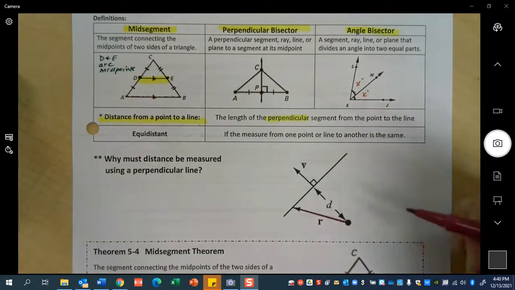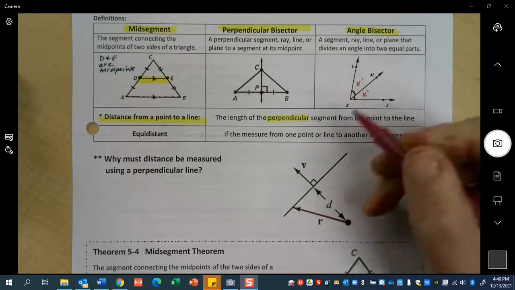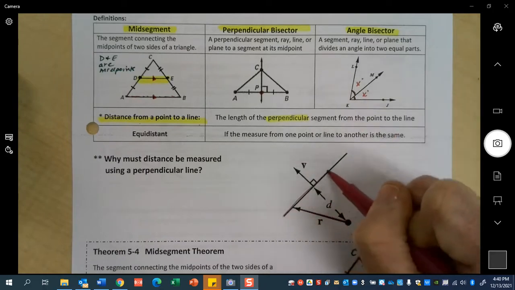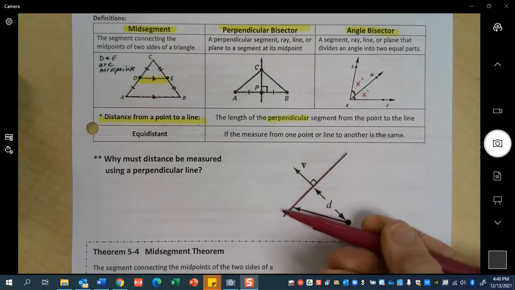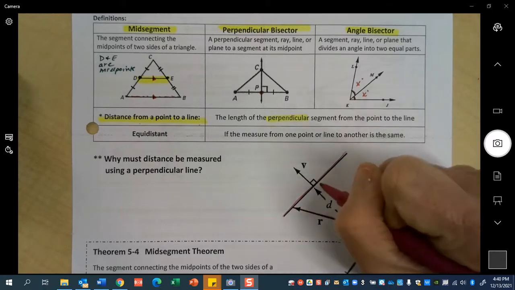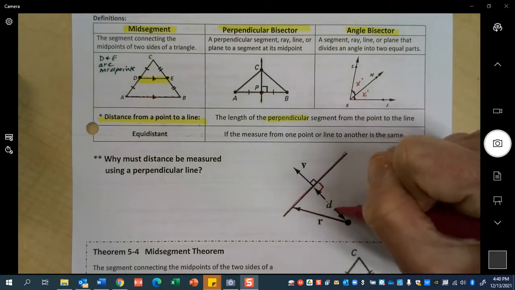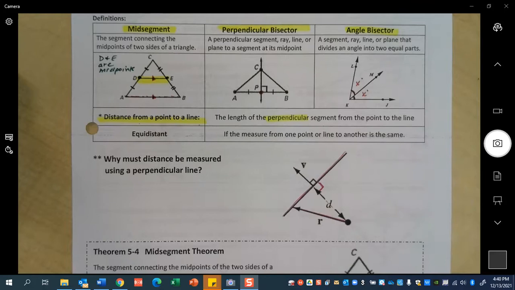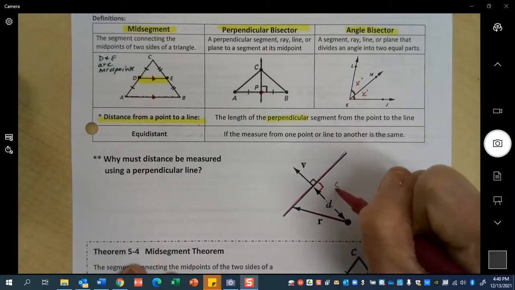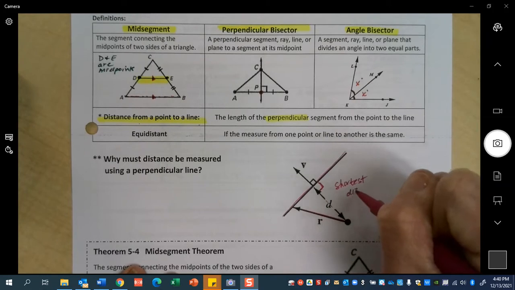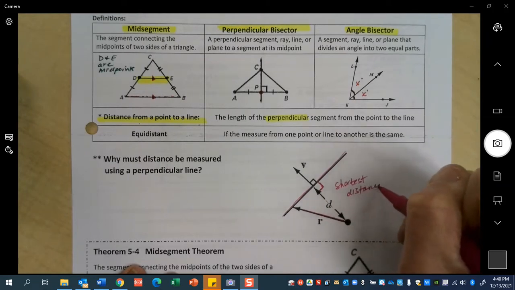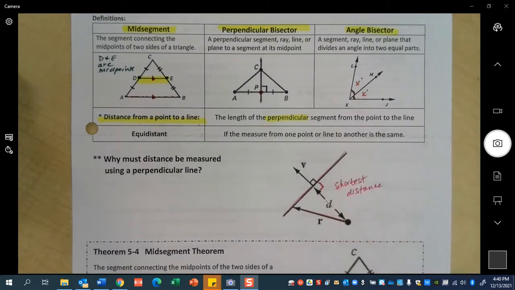So we want to make sure that when we're measuring from a point to a line that we're not going to involve any kind of angles and therefore increase that measurement. We want to make sure that we're measuring perpendicular from that dot to the line because it's going to be the shortest distance. So we always want to keep in mind that that distance has to be the shortest distance possible using that perpendicular segment.